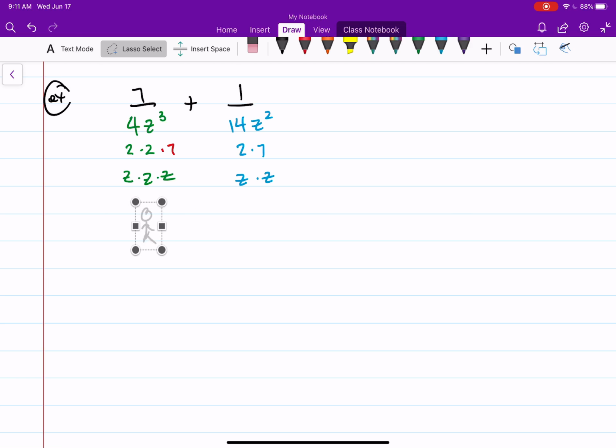Now this one moves over here and says, what do they have that I don't have? You're missing a 2 here and you're missing another z. So now if I look at the green bag and the blue bag, I'm going to have the same number of 2s, 7s, and z's.